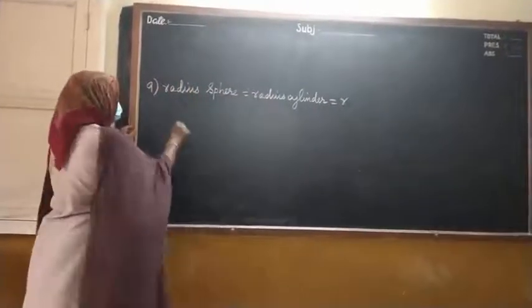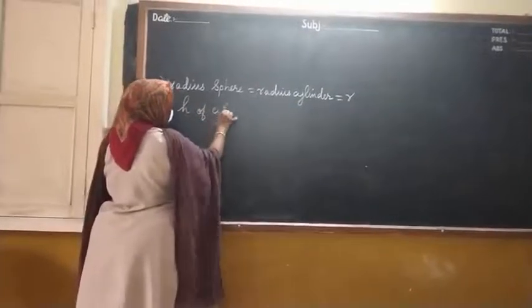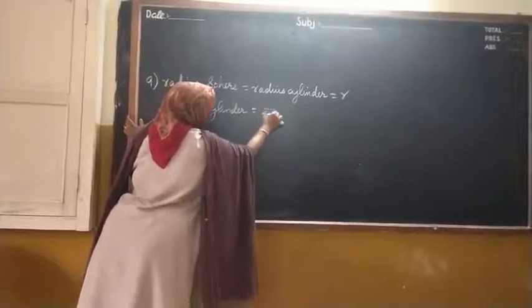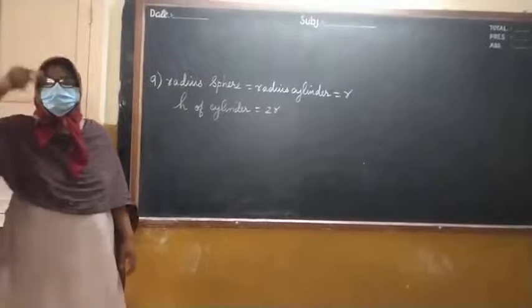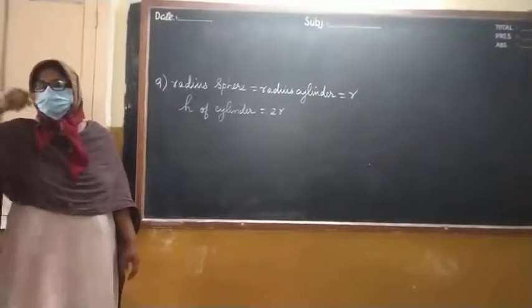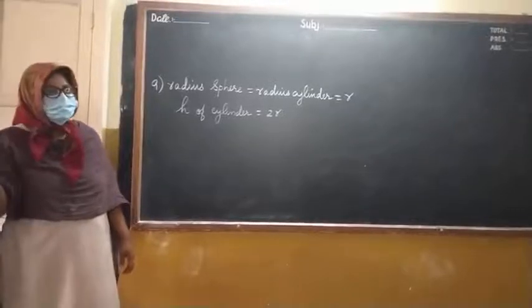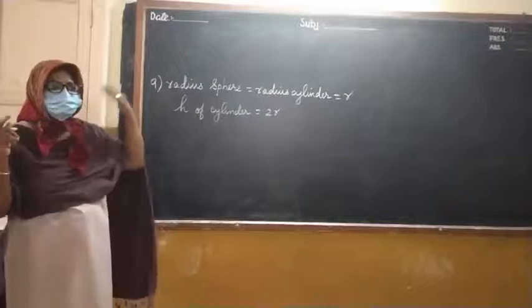What will be the height of the cylinder? Height of the cylinder will be 2 times r. Look at the figure. Height is the diameter of the sphere. If radius is r, diameter will be 2 times r.